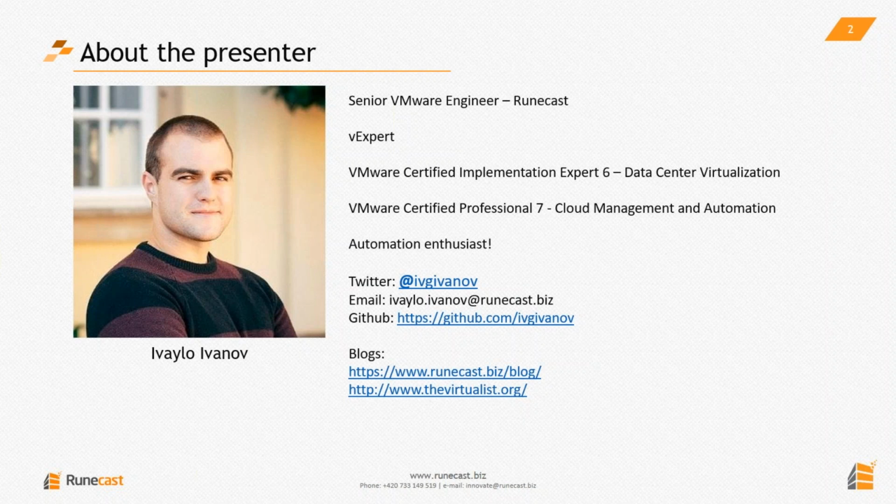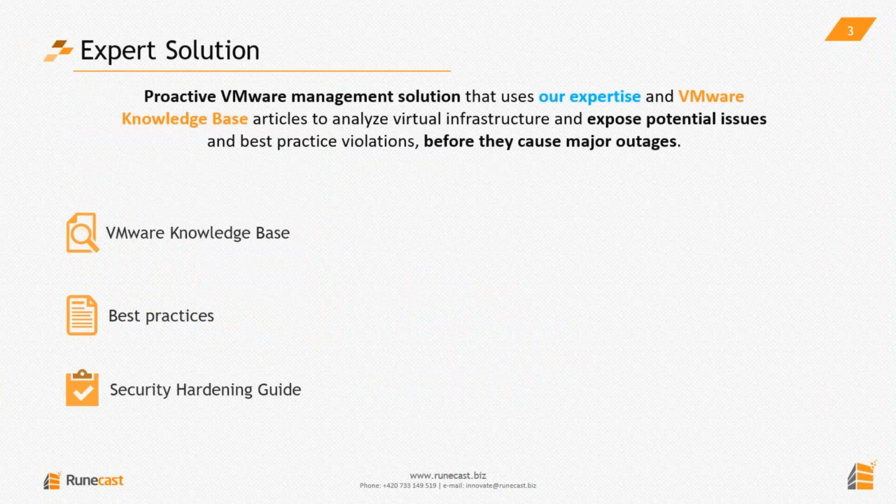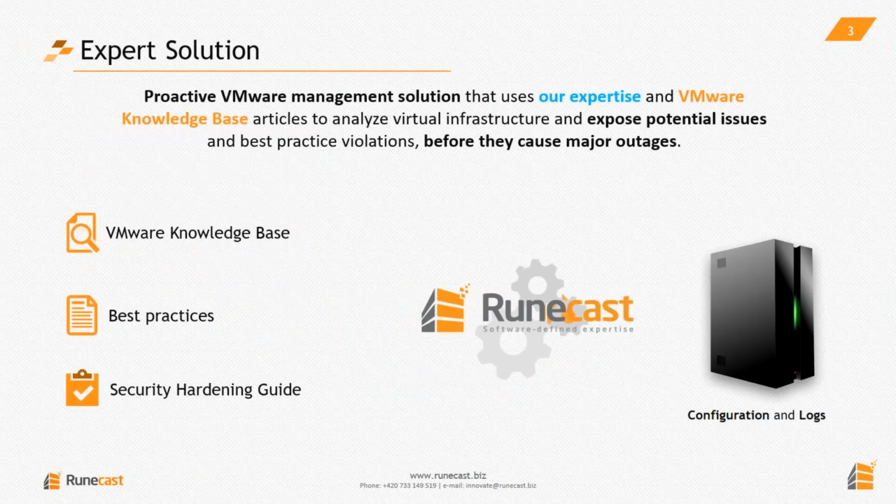And enough about me. I have just added one slide before we cover the main topic, so we'll know what we'll be using the APIs against. Not sure how familiar you are with Runecast and Runecast Analyzer.